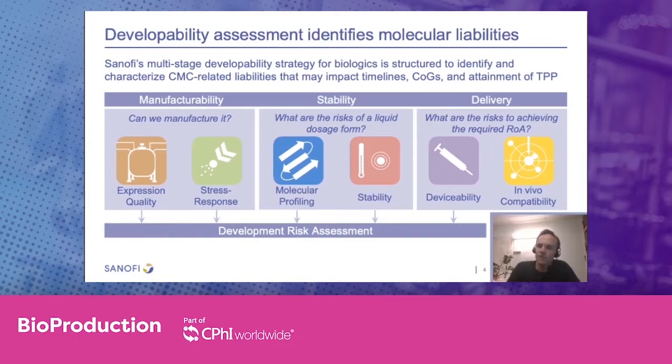All of the different developability tests are arranged in different modules within these three pillars. And the end result is that all of the data are brought together into a risk assessment that's used to compare among the different pre-candidates so that an informed decision can be made about which one to bring into clinical development.